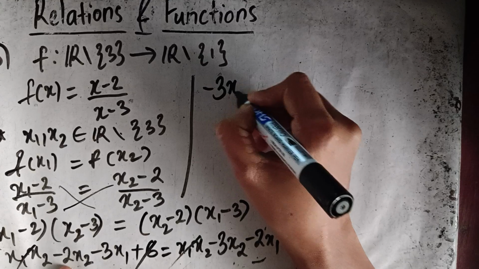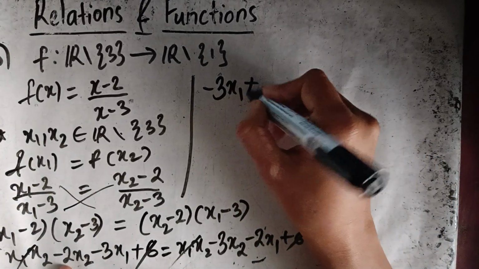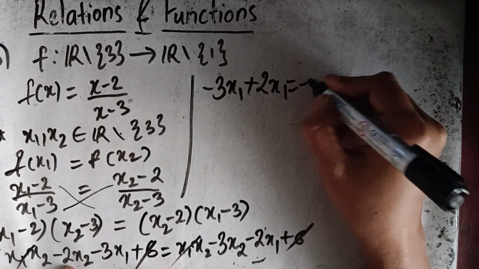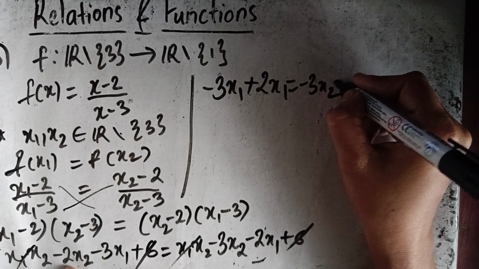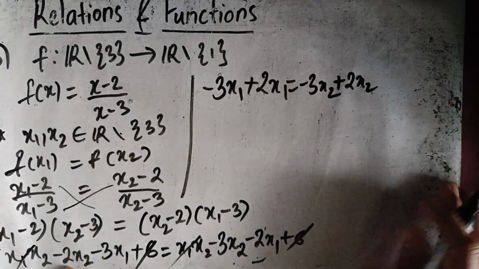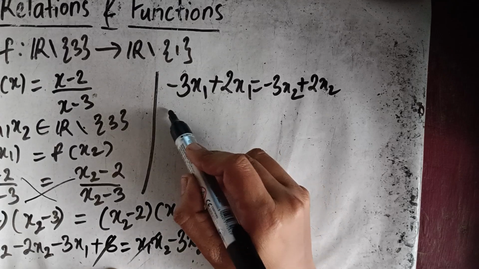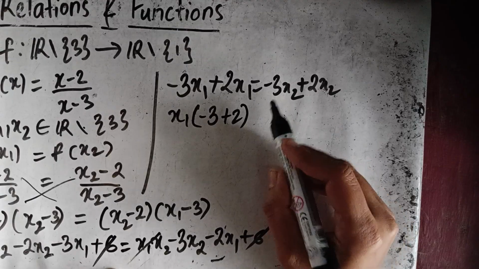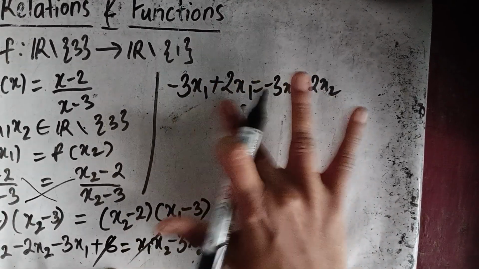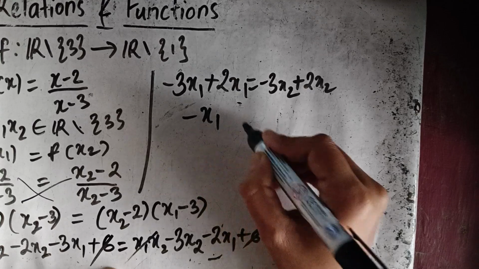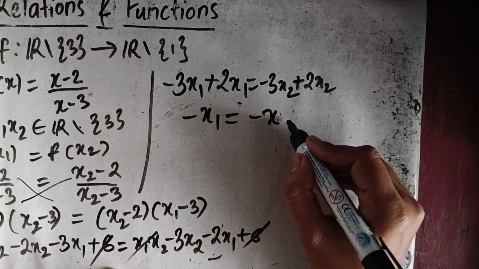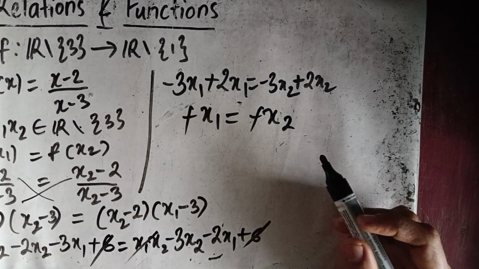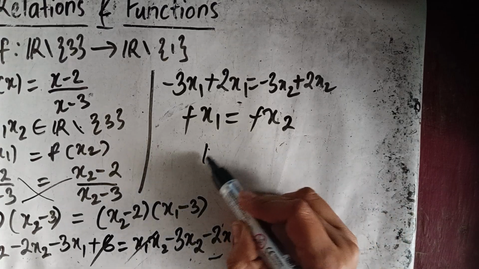So this will be minus 3x1 plus 2x1 equal to minus 3x2 plus 2x2. Now you can take x1 common, so this is minus 3 plus 2, that is, you can directly add them. So this is minus x1 equals minus x2, so x1 is equal to x2. So this is one-one.